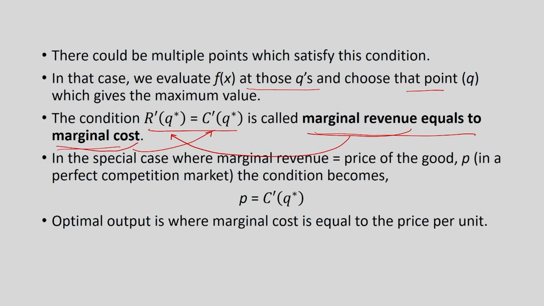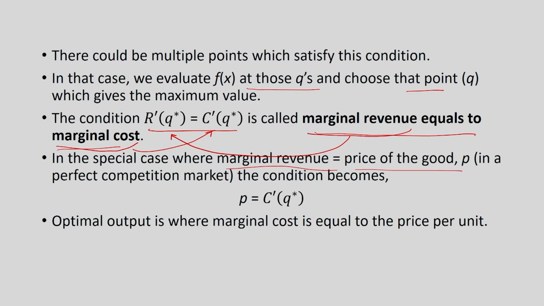Now, in the special case where the marginal revenue is equal to the price of the good p, this happens in a perfect competition market. We have talked about this case in some previous lecture. So, in a perfect competition market, if a producer produces more, then the revenue changes by the value of the price.